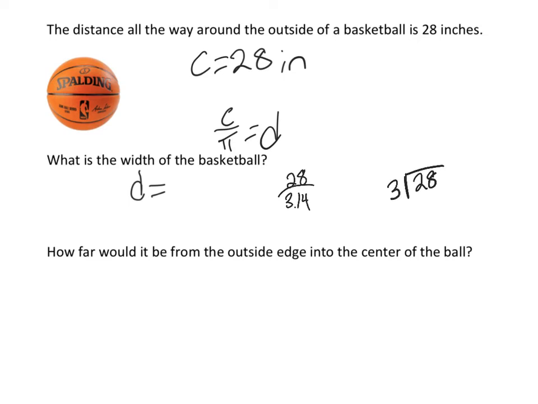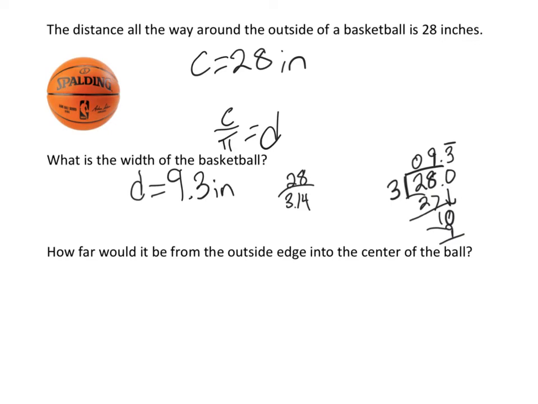It will get us very close to the answer, and we know it should be just a little bit more. 3 into 28 is 9, which is 27. 3 goes into 10 3 times, which is 9, and it will be repeating. So it will be about 9.3 inches.